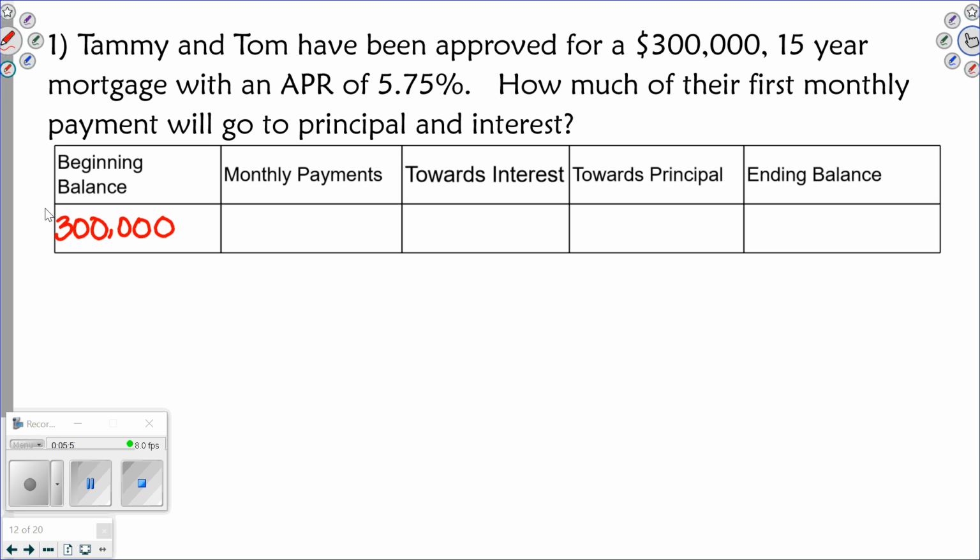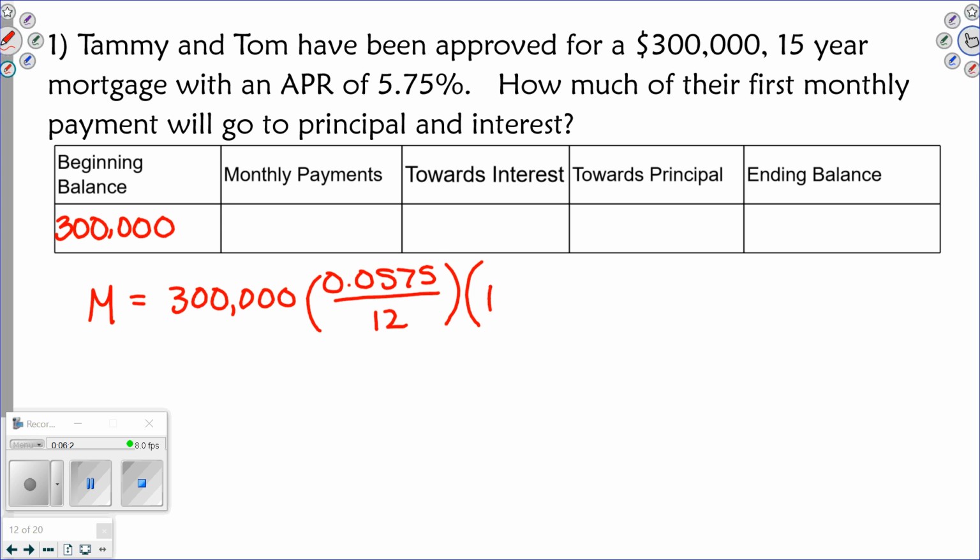Monthly payment, what are we going to have to do? The formula. We're going to fill in the formula. Okay, so let's go to our formula sheet. Let's write it in. So my principal, the rate, 0.0575 divided by 12. 1 plus the rate again over 12, 12 times.